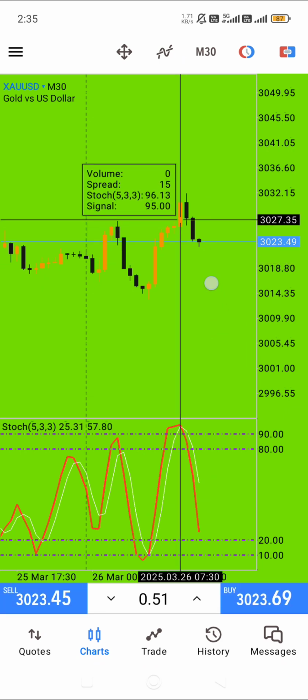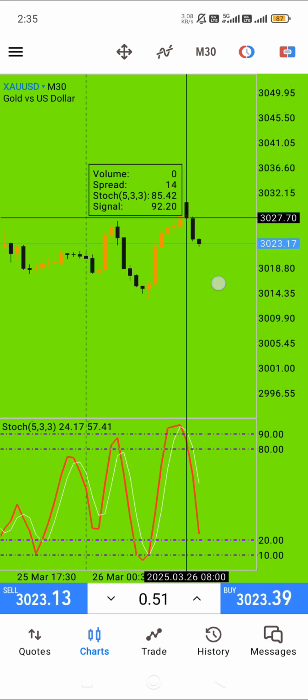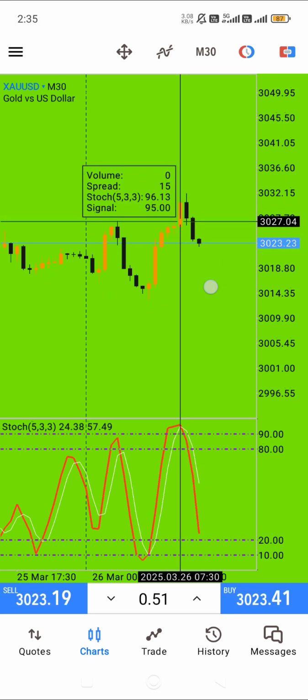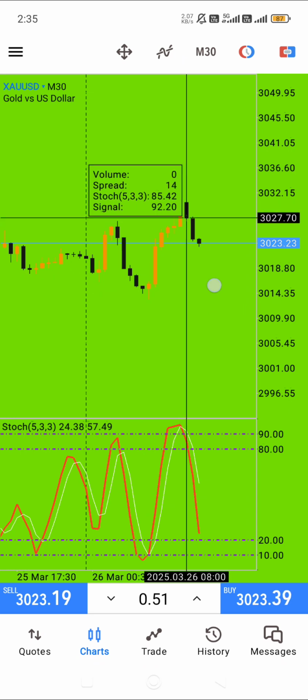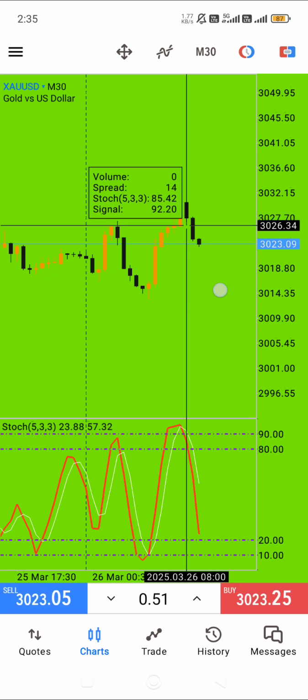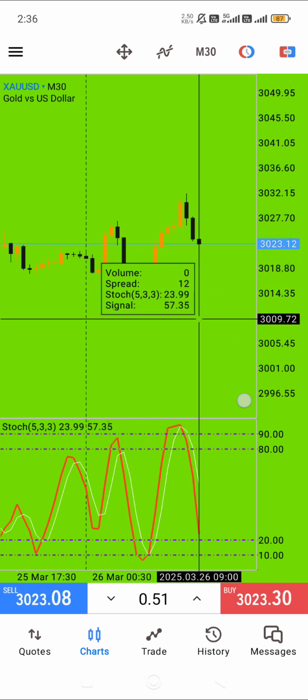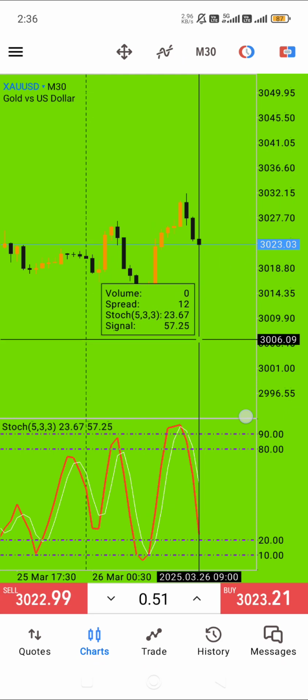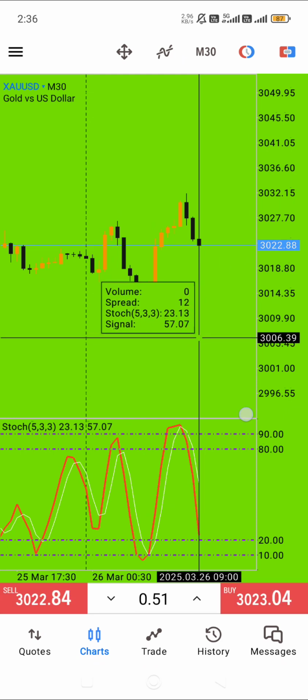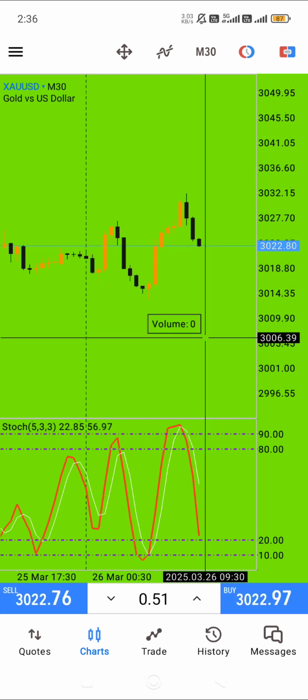Check this candle, it is a rejection candle, and it crosses both stochastic lines above 90 and touches to cross the below side, and touches 10, 20, then it will be oversold.